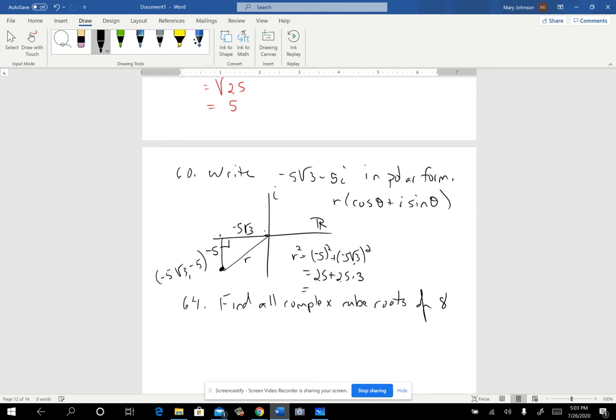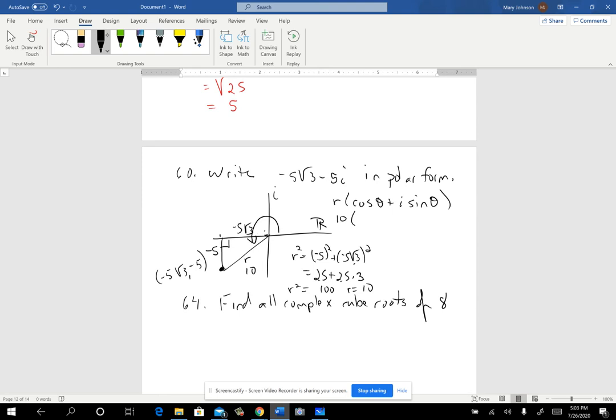And so that's 25 plus 75, that's 100. And you see how then r would just be 10. So this was really a 1, 2, square root of 3 triangle. All right, so r is 10. So that goes there. Now we need this angle that goes all the way around to here.